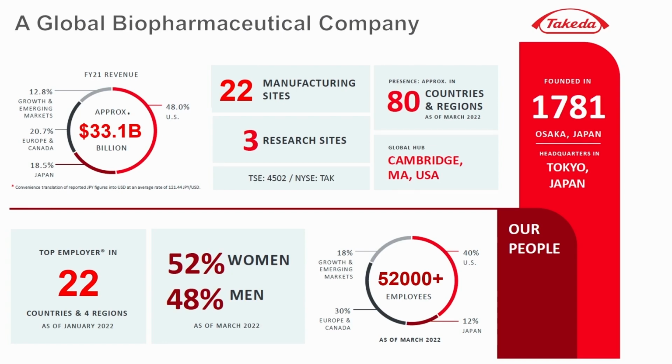Transformation is very important for Takeda. As you can see, we're quite old as a company. We're founded over 240 years ago. We're a Japanese company, but with a true global footprint, right? We have over 170 sites, I think, all around the world. 50,000, 52,000 employees by now, 20,000 external, almost 70,000 users in total.